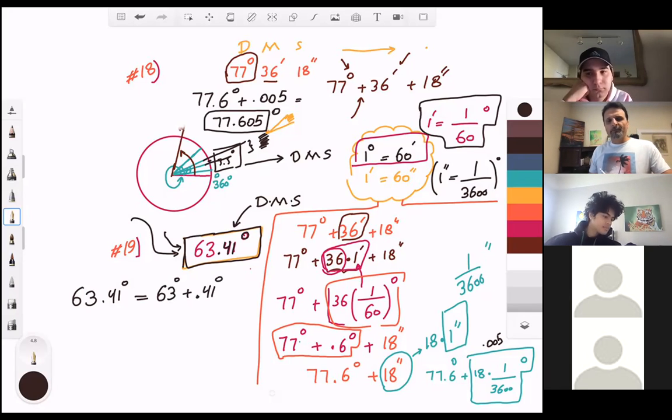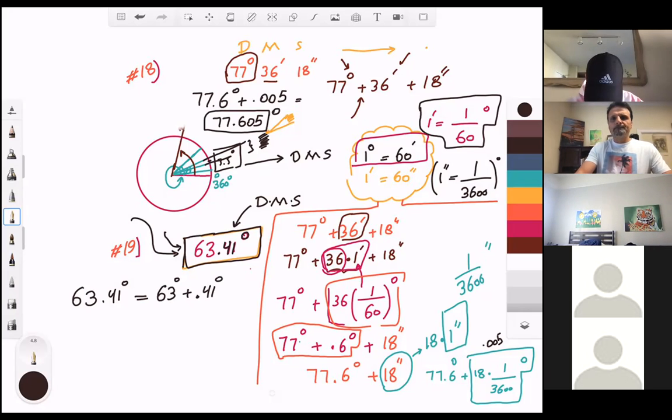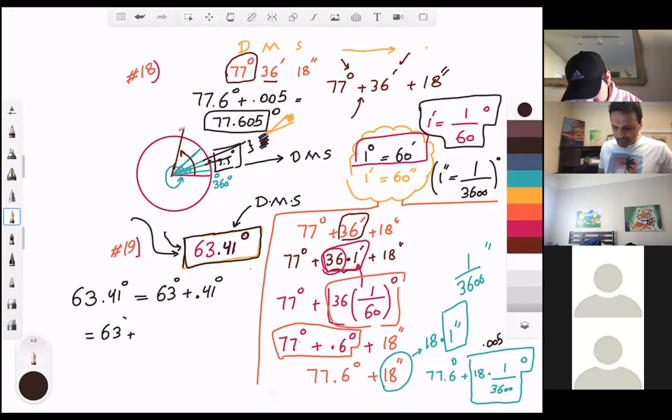So 63.41 will be 63 plus 0.41. So this equal to 63 degrees plus 0.41 multiplied by 1 degree.